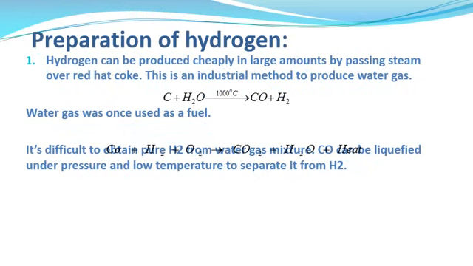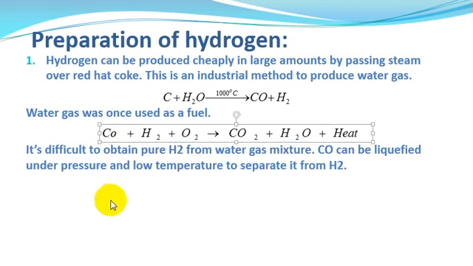Because hydrogen is very light, it is not easy to obtain hydrogen from the atmospheric mixture of gases, as is the case for nitrogen and oxygen. You can obtain oxygen or nitrogen from the atmosphere, but the amount of hydrogen is very low.